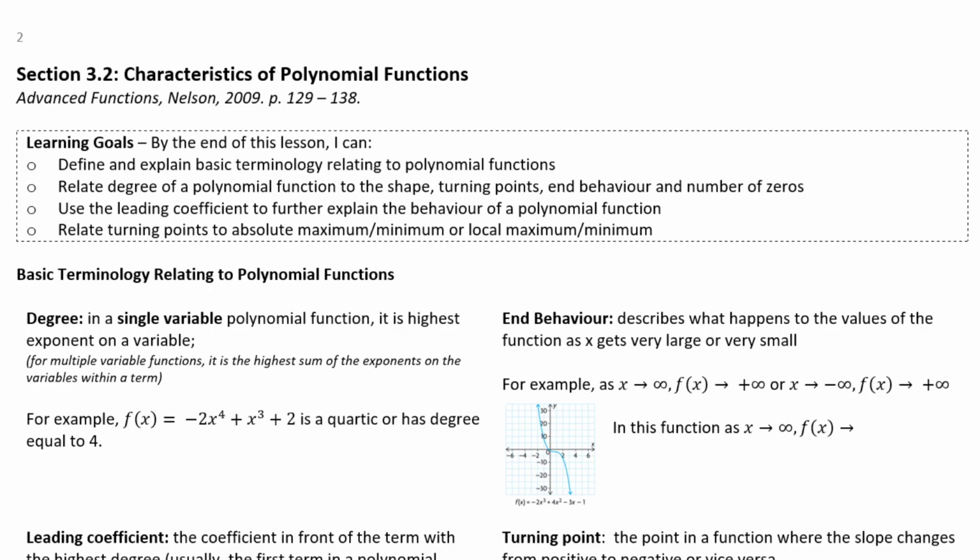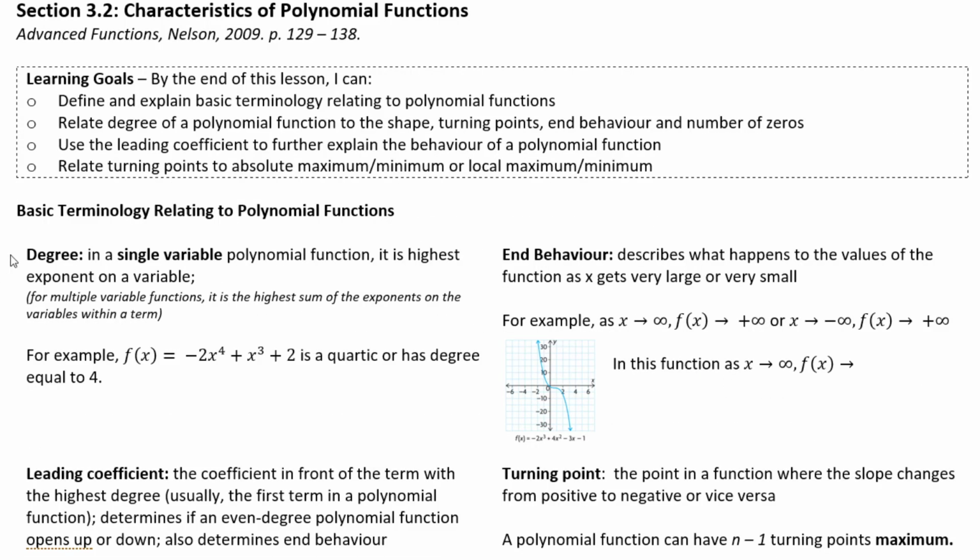So the bulk of this lesson is ultimately going over basic terminology and concepts that apply to polynomial functions. And so we'll start by looking at degree. Degree is with respect to a single variable polynomial function, so that means only with respect to one variable like x. It is the highest exponent on a variable within that expression.